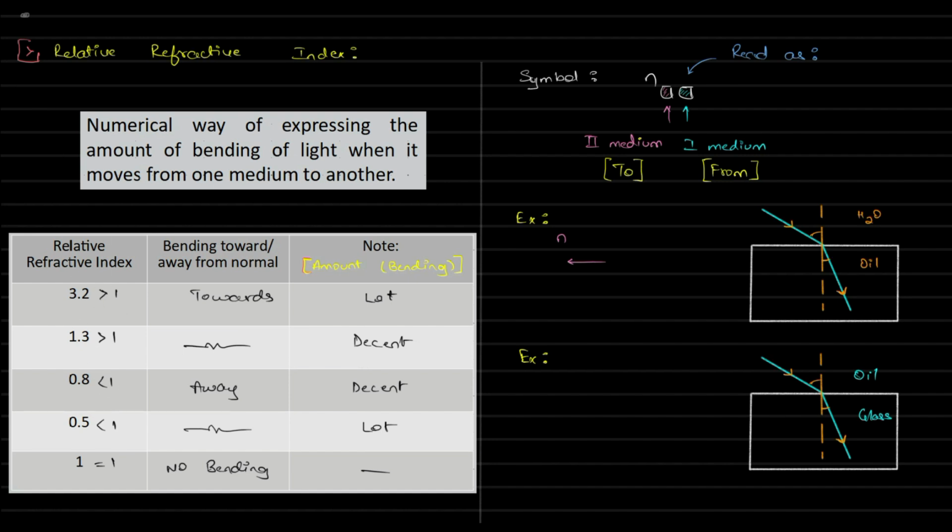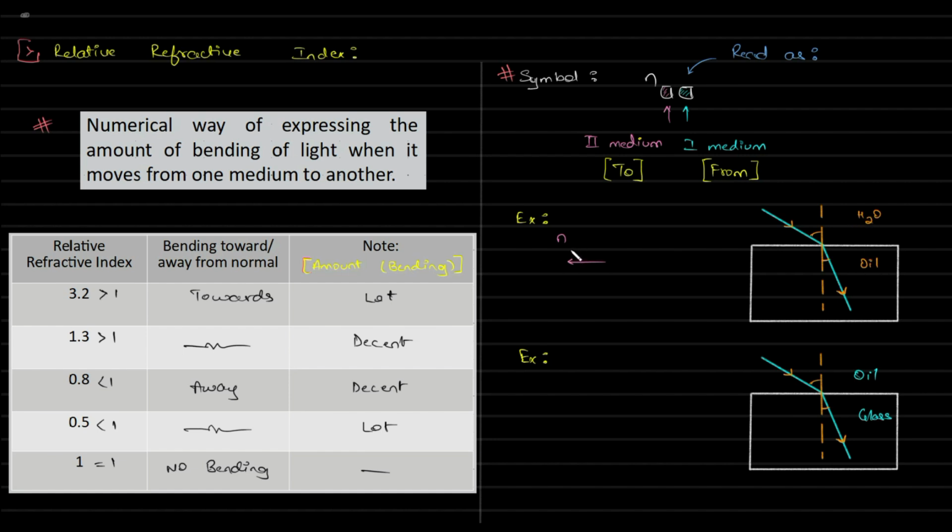So that's what I told over here, that mathematically we can express the bending, and that is nothing but your relative refractive index. Symbolically, we write it as n and two subscripts. For example, I have here light moving from water to oil.